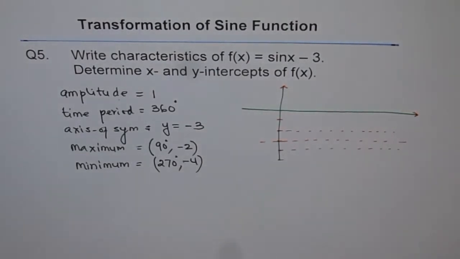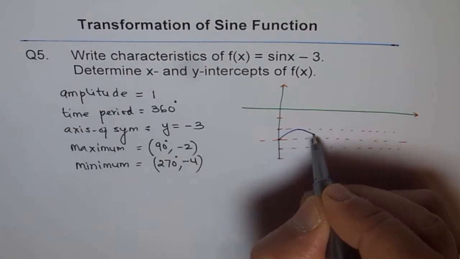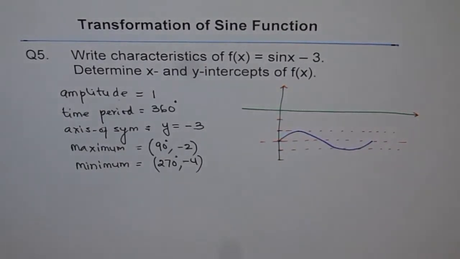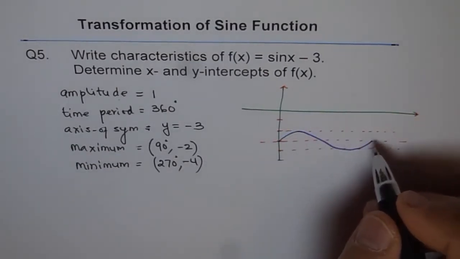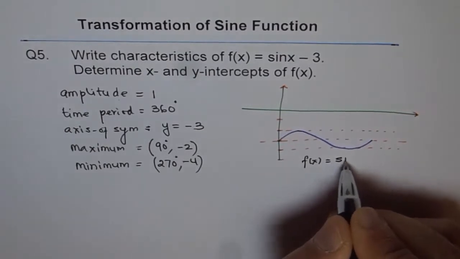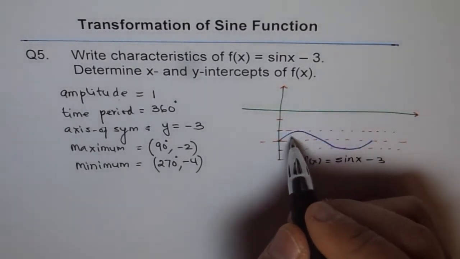So I can draw my wave inside this, starting with 0, right? So it is like this. Correct? So that is our transformed wave. So this is f(x) = sin x − 3. So all the points you see have moved 3 units down.